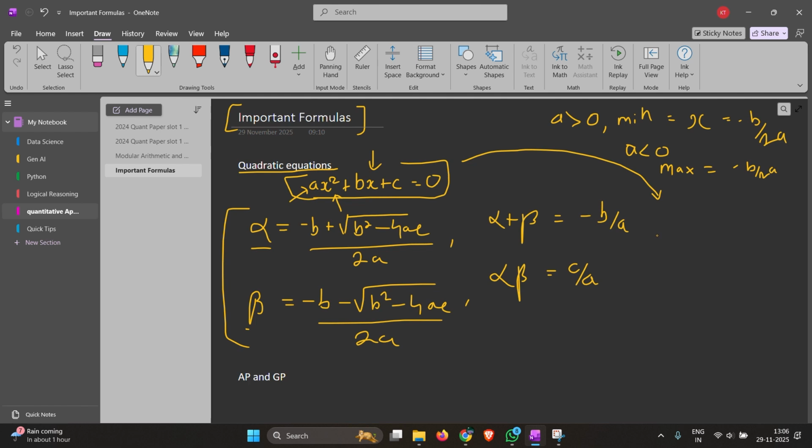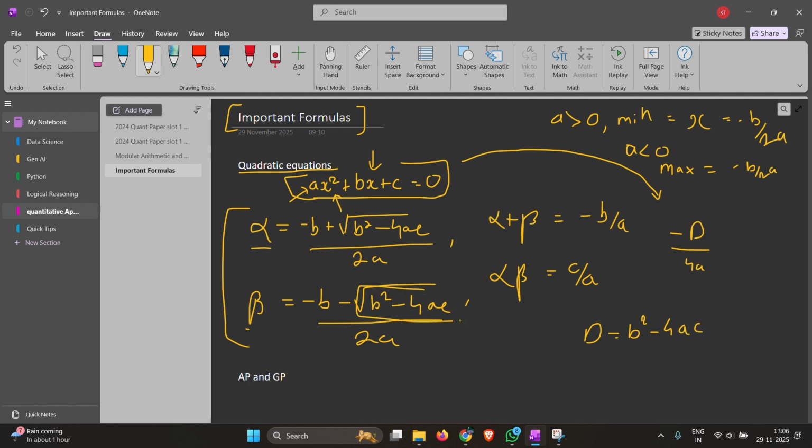The maximum or the minimum value that the equation can have is minus D upon 4a, and D is the discriminant. So D is equal to b square minus 4ac.